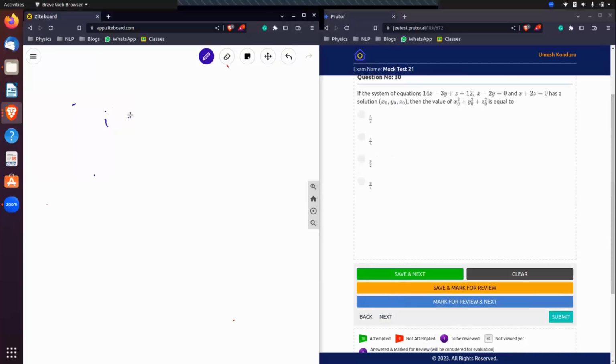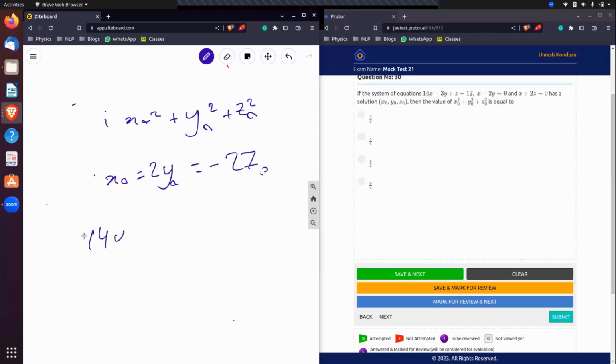Okay, so now if x naught, y naught, z naught is a solution, you have to figure out the value of this. So from the last two equations, you know that this is true, and plugging that into the first equation, you get 28 y naught minus 3 y naught minus y naught equals 12.